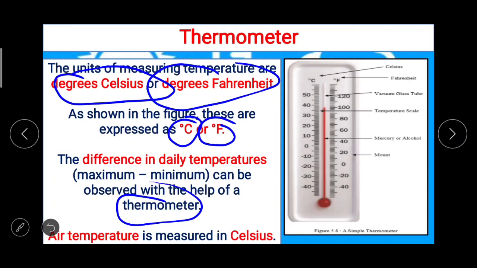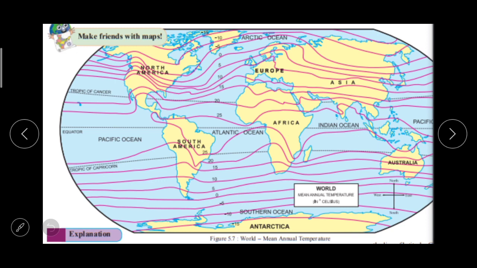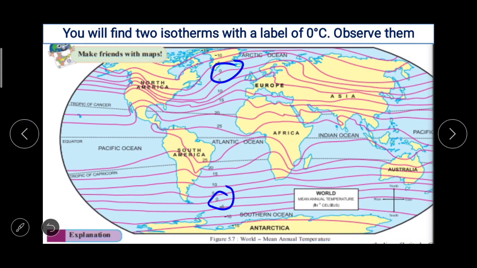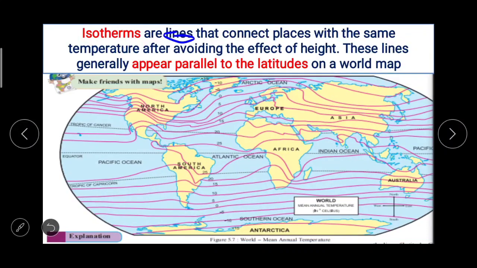So in our today's lesson, the very important things which we learnt, and also we can revise, are: thermometer, world mean annual temperature, and the isotherms which we observed on 25 degrees Celsius.